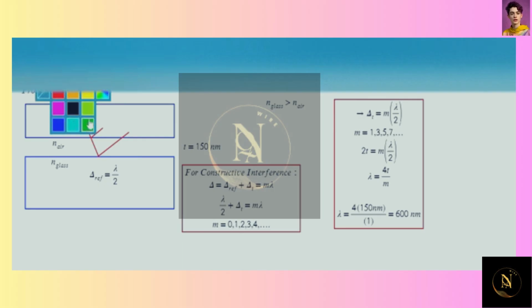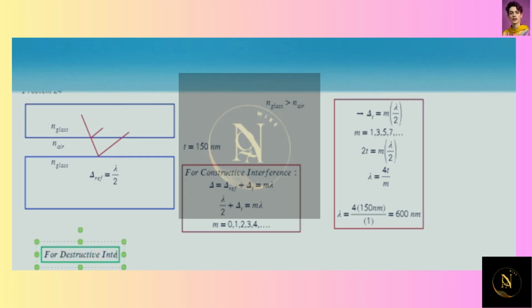Let's change color here to green for destructive interference. The net path length difference must be the same expression here, this first part.